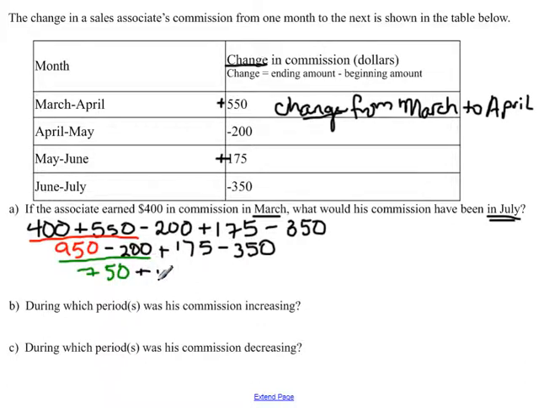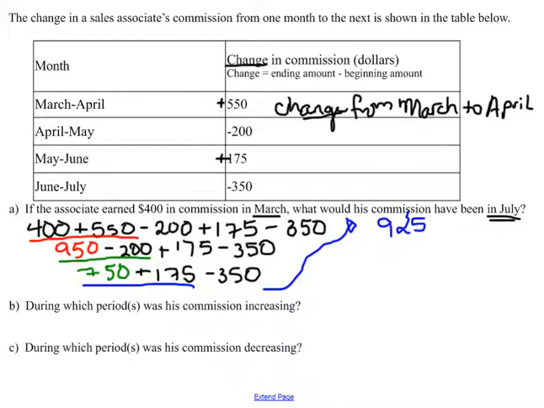Plus 175 minus 350. We're just going to keep working our way from left to right here, doing the first two numbers as we go. Now 750 plus 175, I'm going to bring that over here because I'm starting to run out of room. That gives us $925.